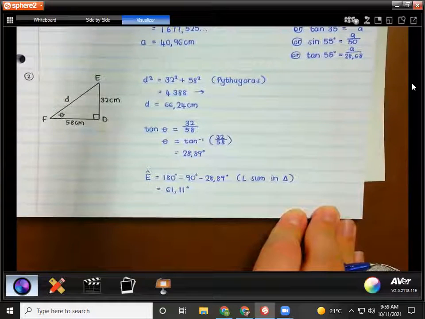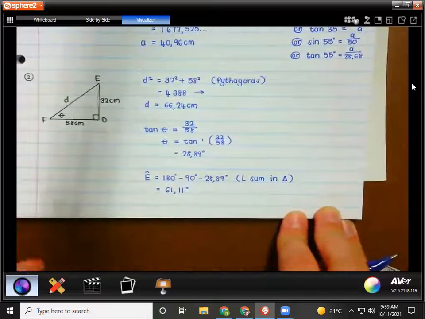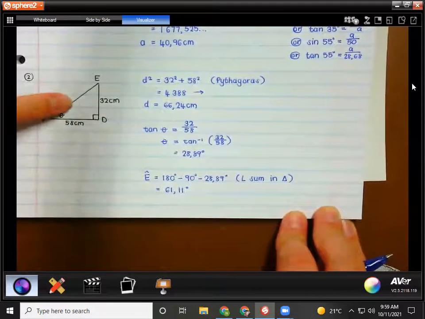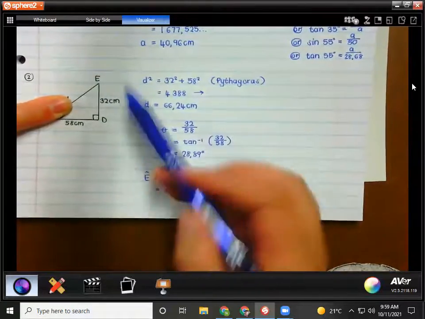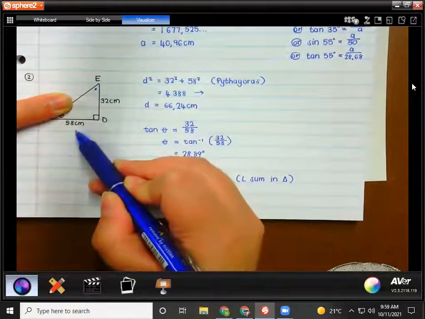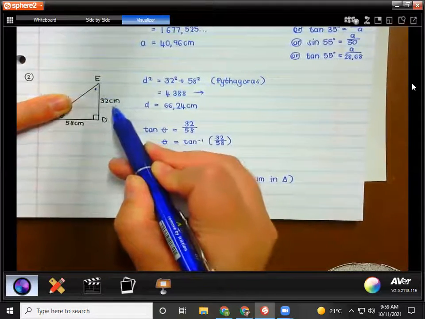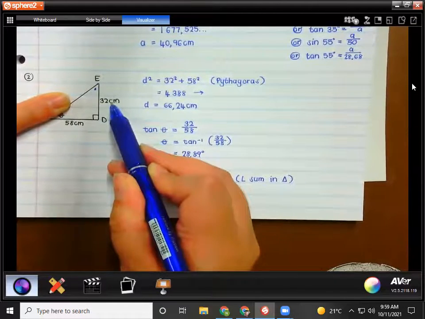Or we could have used trig, right? Which I'm sure you would prefer to just do angle sum in triangle. But if we didn't have that angle, for example, what if you wanted to find E first? You would say, okay, I'm looking for angle E. I have the opposite side and the adjacent side. So tan of E will be 58 over 32.